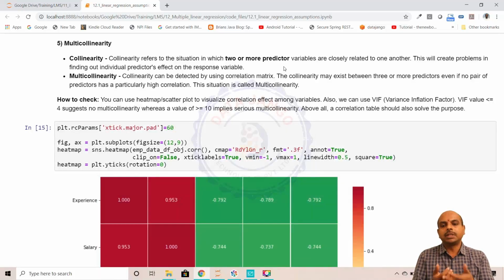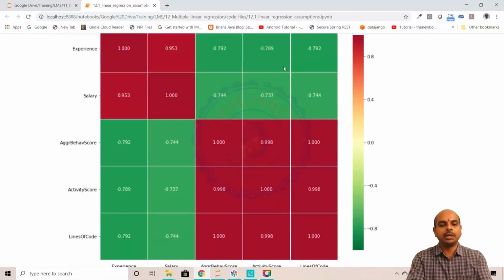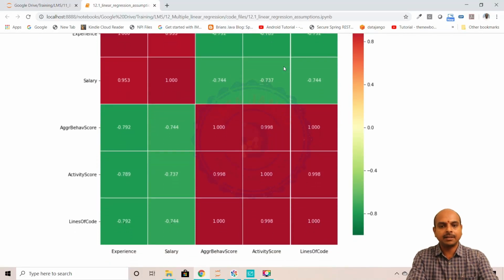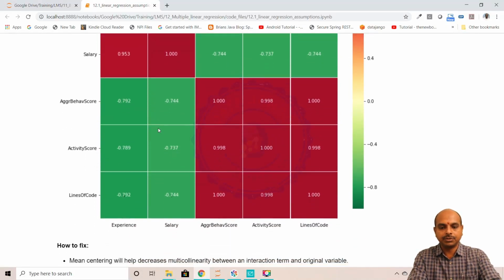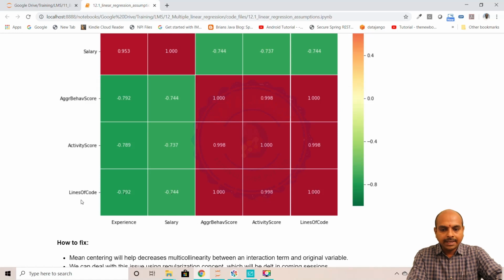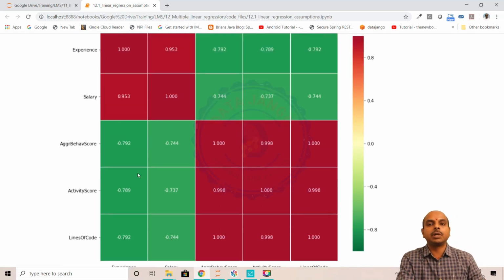To check whether multicollinearity is there or not, you can do a heat map like this. For this dataset, we have done a heat map. Here, if you see, the lines of code has a strong relationship with the aggressive behavior score and activity score, so this dataset has multicollinearity.